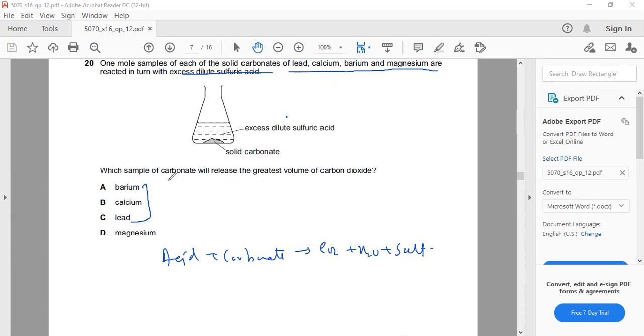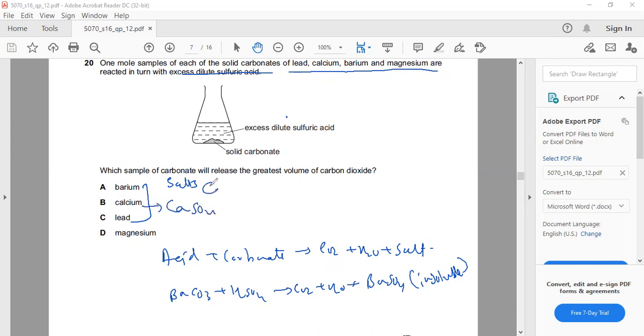Barium carbonate plus sulfuric acid gives carbon dioxide, water, and barium sulfate. This barium sulfate is insoluble, so when it forms, it hinders the reaction from producing more carbon dioxide.